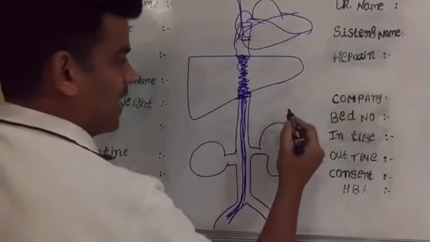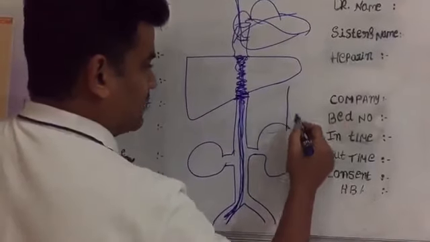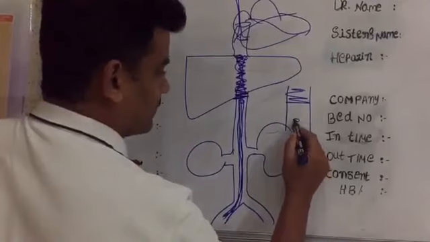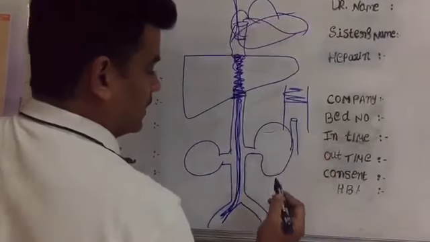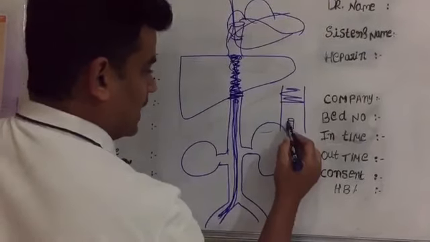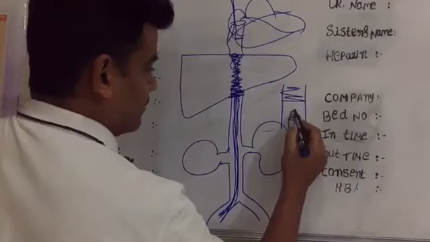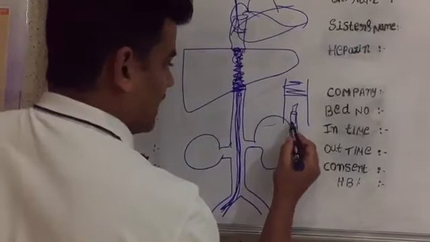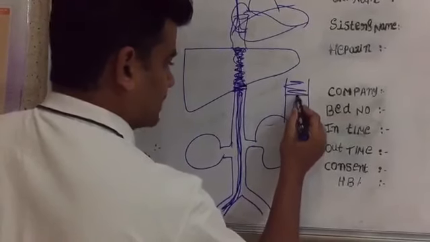If you magnify and see, this is the occluded IVC. We have the 10 French sheath over there, and then the bevel needle over here, or a septal puncture needle you can use. Then you have your Chiba over here.